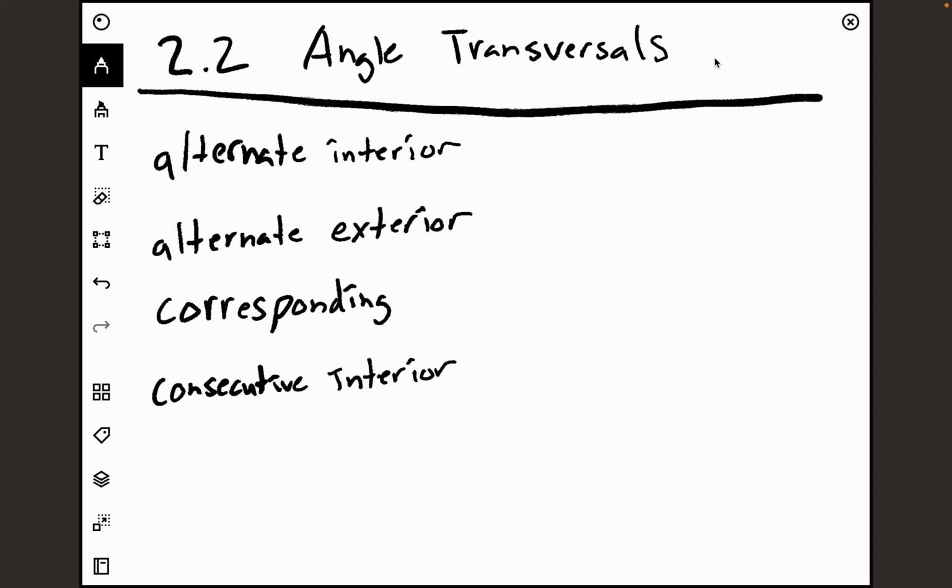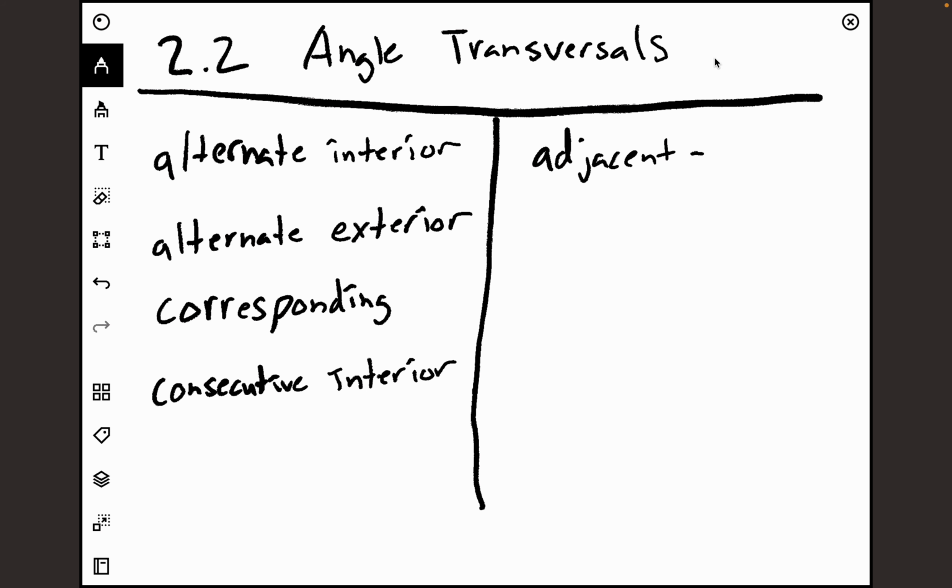Then when we talk about these angles as well, does anyone remember how two angles can be adjacent? What makes two angles adjacent? Yeah, Julian? Yeah, they have the same vertex and a common side.